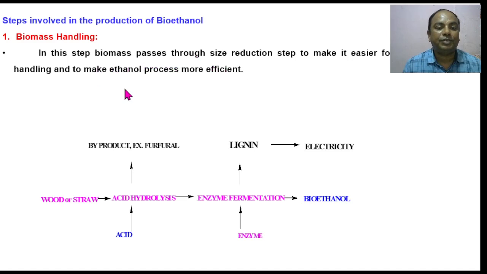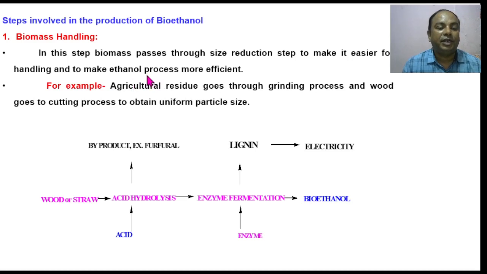Whatever the process, when we are doing it on smaller particles or smaller size material, the process becomes efficient. The next process which we are carrying on it becomes efficient. Therefore the biomass needs to be chopped or broken into smaller pieces.